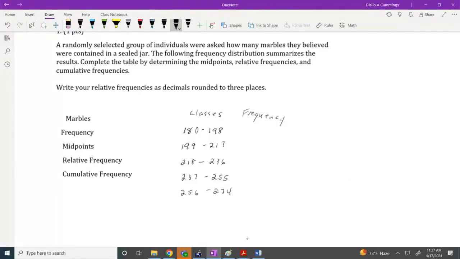And then we have our frequency, which are 3, 7, 8, 12, and 4.